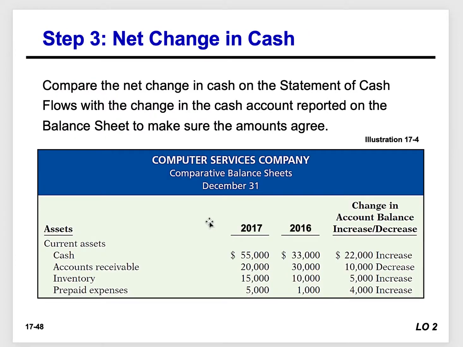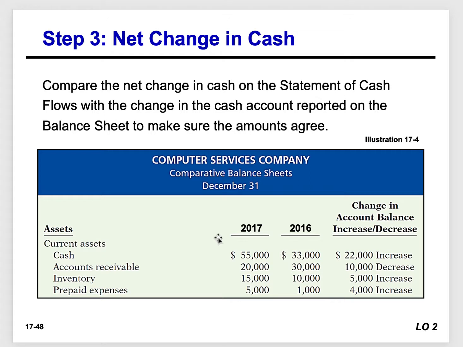Again, the key here when we're doing this is we're really trying to compare the net change in the cash on the cash flow statement with the changes in the cash account. So here, remember when I said at the end of the day everything has to balance, meaning we got to prove that balance.